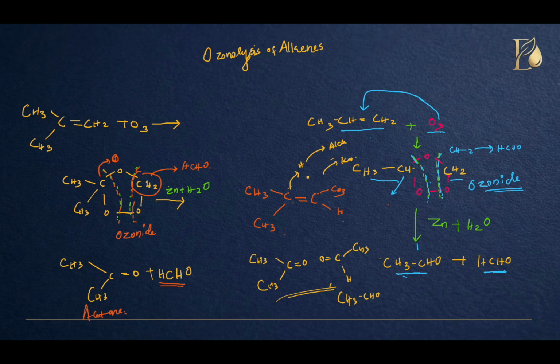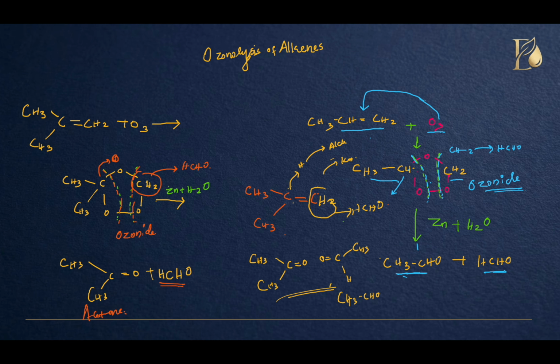One more thing: if at this position, instead of CH3CH, there is a CH2 group, then what will be the product? The product will be HCHO. So basically you can take these points in ozonolysis.